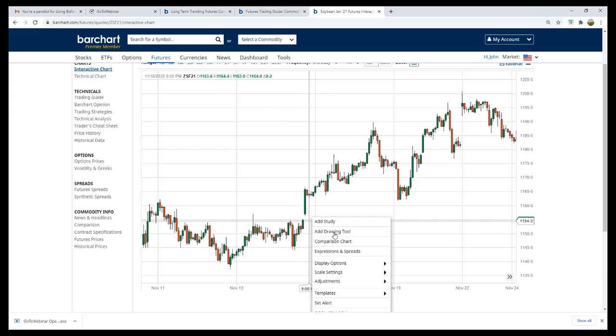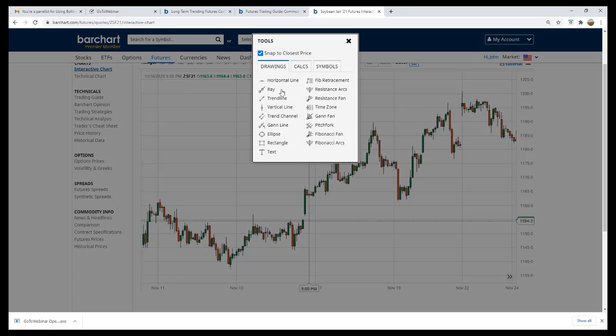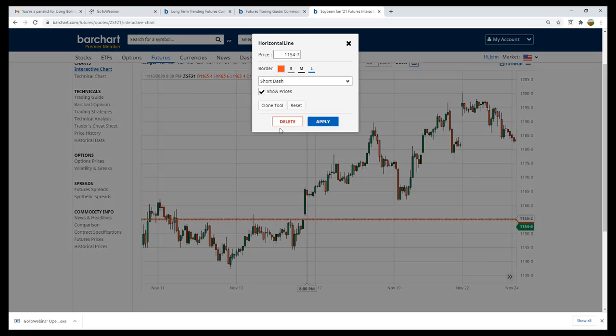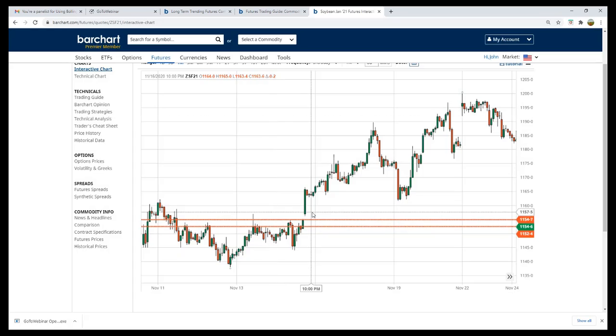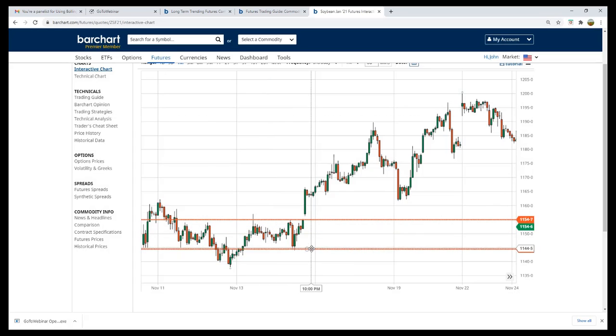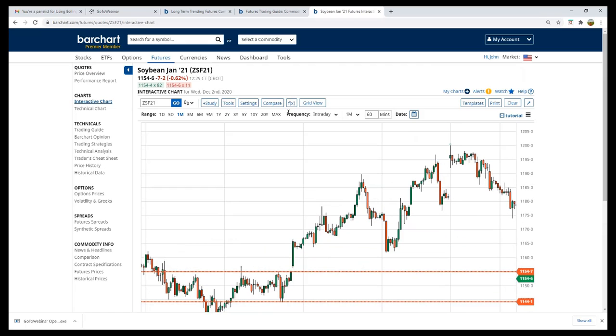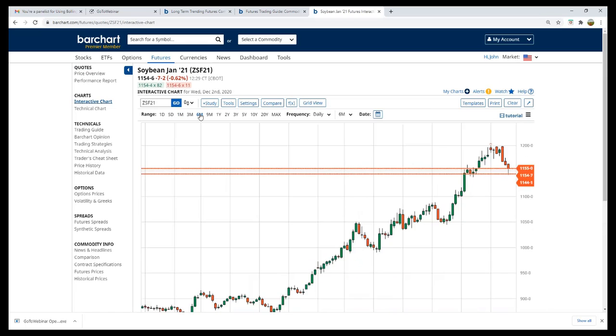reinforce itself. So what I'll usually do is I just draw a couple lines to help me define that area. And I'm going to do some risk assessments in here as well, right? So this is where price stopped going down, and that's where it accelerated away. Now watch this. Let me go back to my 6 month, right?